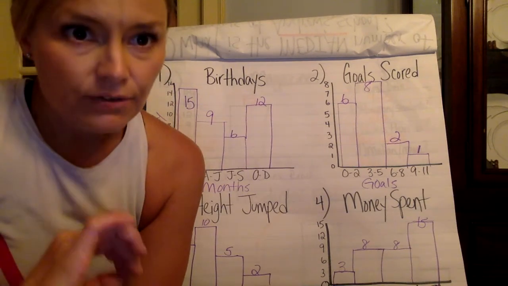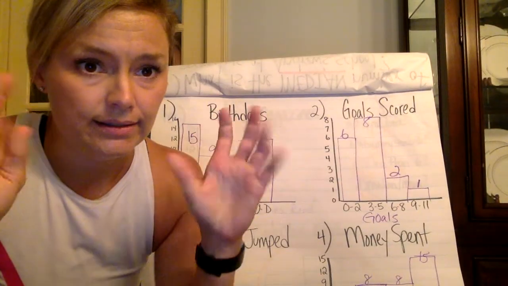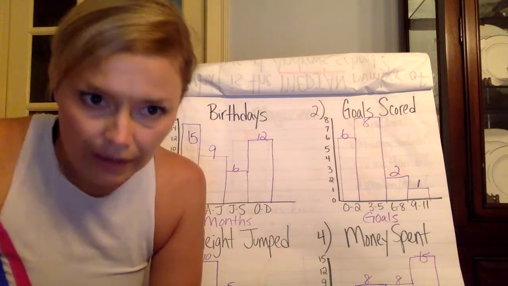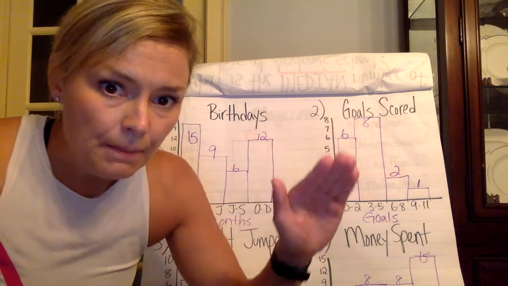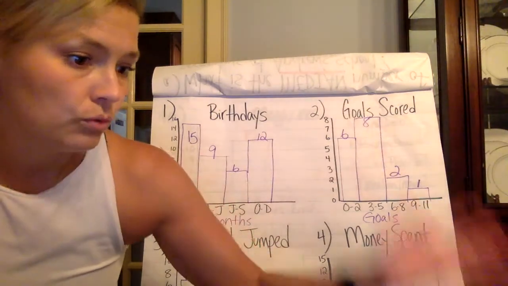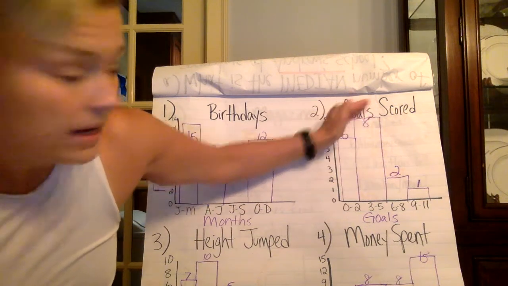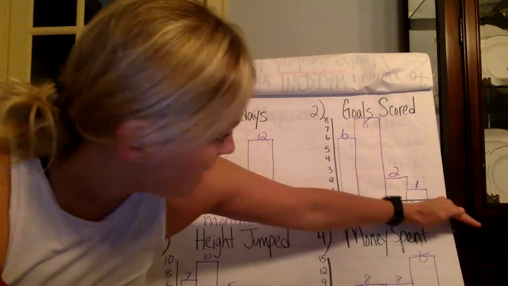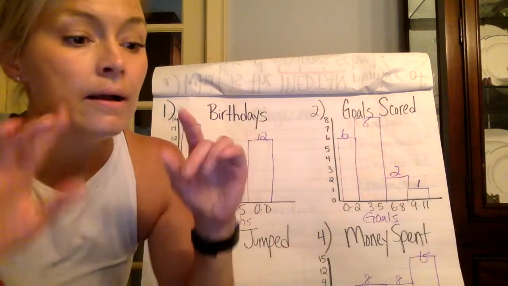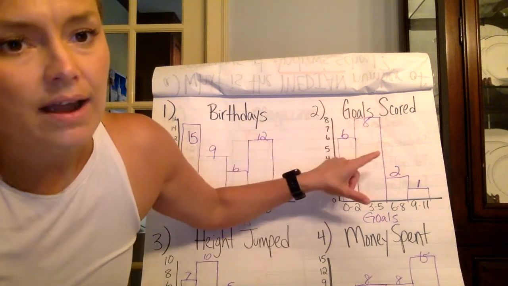And the way we classify which direction something is skewed is where the tail is. So for instance, it's almost like a roller coaster ramp, okay, right? You climb up, up, up, and then you go down that big long ramp or hill or whatever you want to call it. If we were to take this, we see the peak right here, and then it drops down. That drop down, that trickle off, that's what we call the tail. And you'll see pictures of that in your notes if you haven't looked already. You classify it as where the tail is.